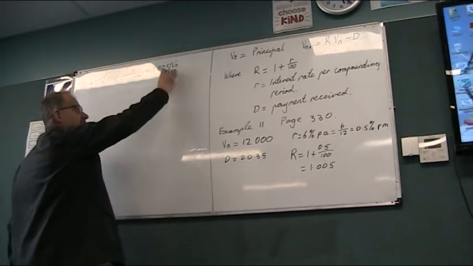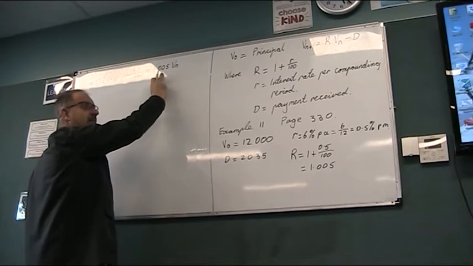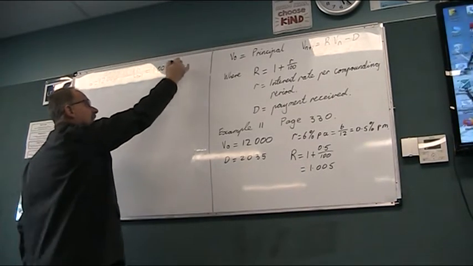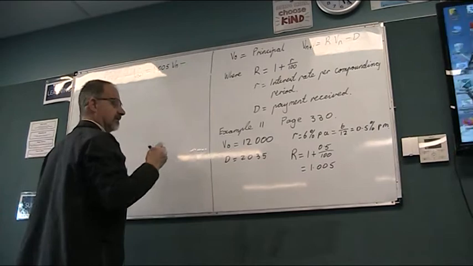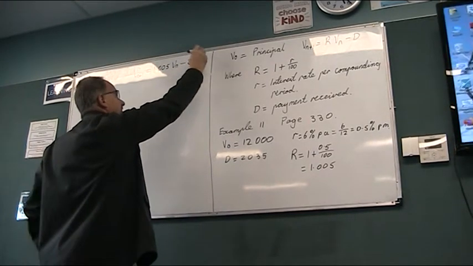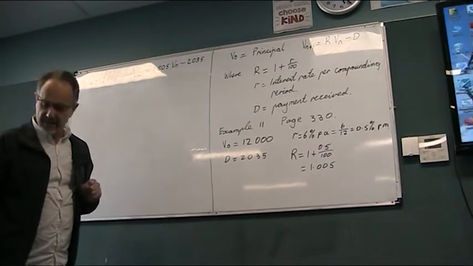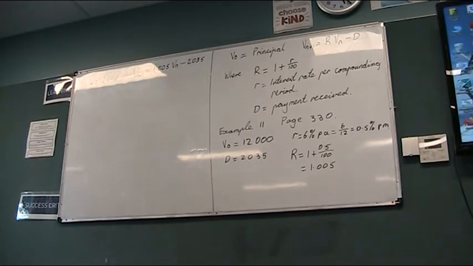So whatever the value's worth now, earn a bit of interest on it, then take out $2,035, and then that's what we've got next.